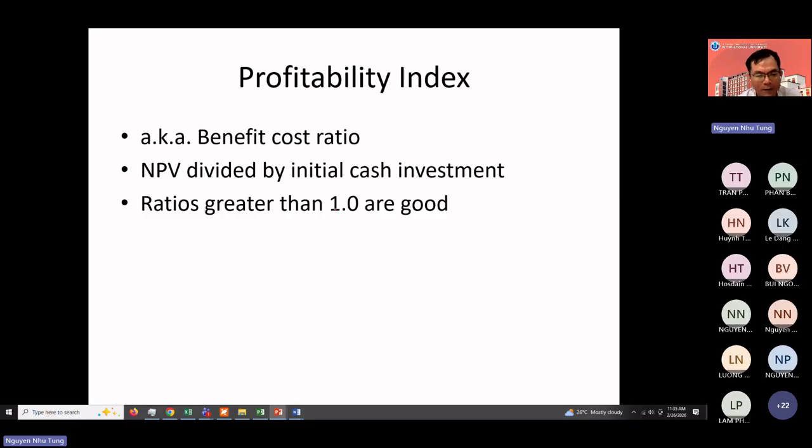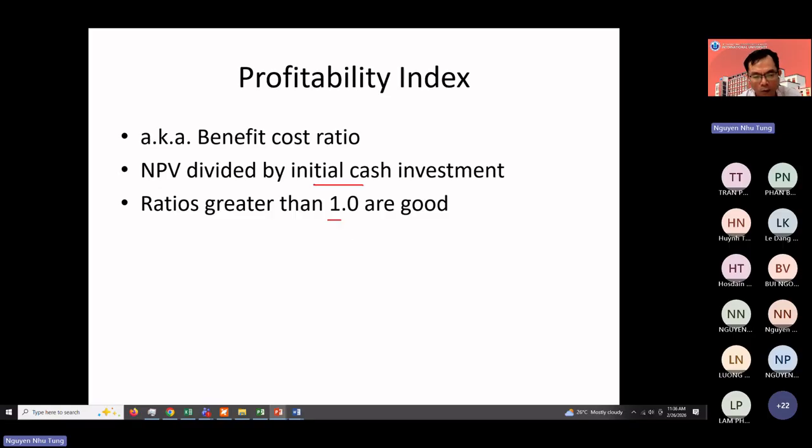Profitability index, the last financial metric: you divide the present value by the initial investment, and if this profitability index is greater than 1, the project is good, profitable.